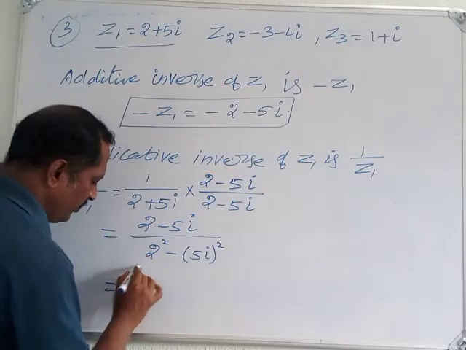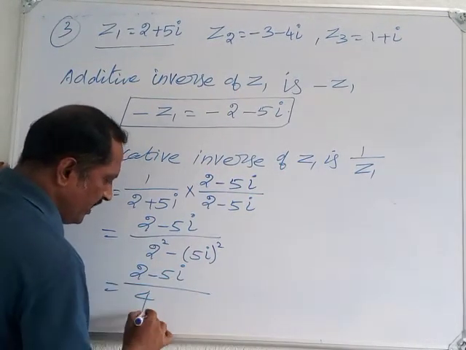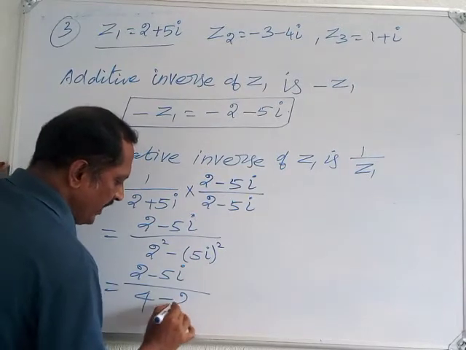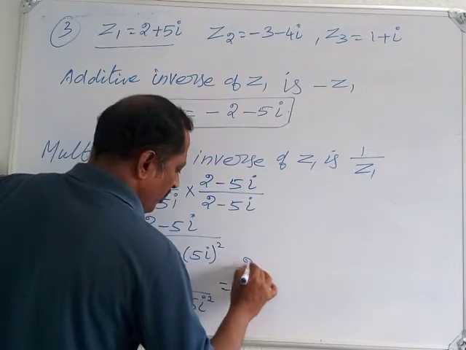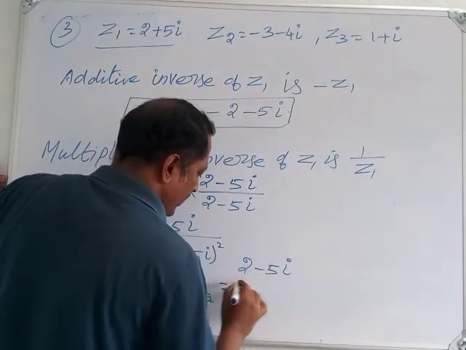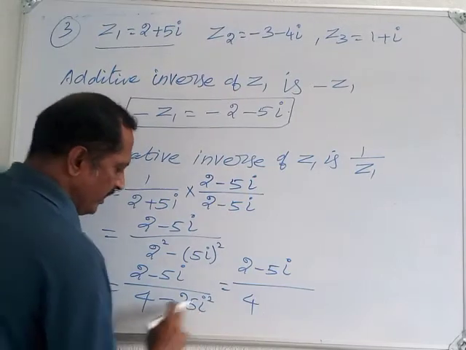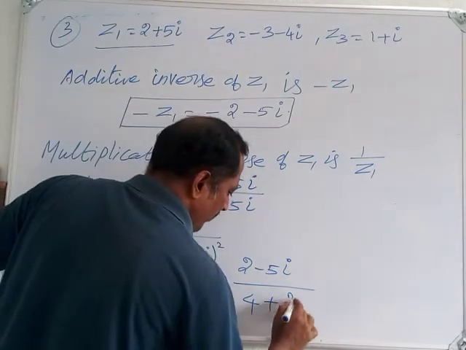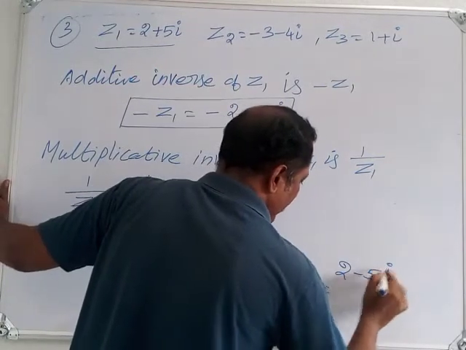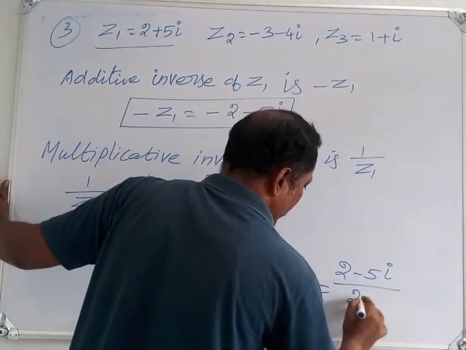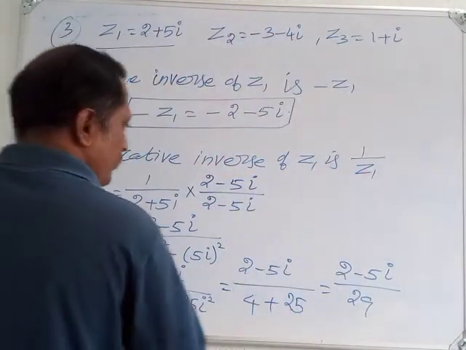So it is equal to 2 minus 5i divided by 2 square is 4 minus 5 square is 25i square. 2 square is 4, i square is minus 1, so plus 25, which is equal to 2 minus 5i divided by 29.